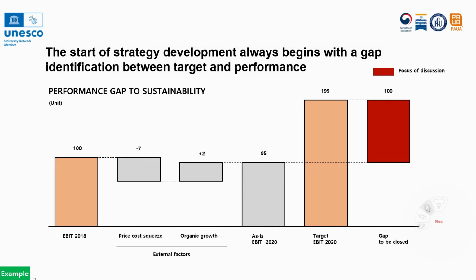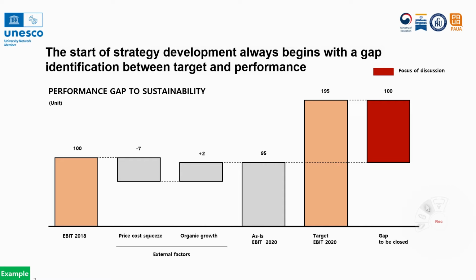always begins with a gap identification between target and performance. If I explain it a little bit again to recall your memory, this is to think about strategic initiatives in 2 years from 2018 to 2020.